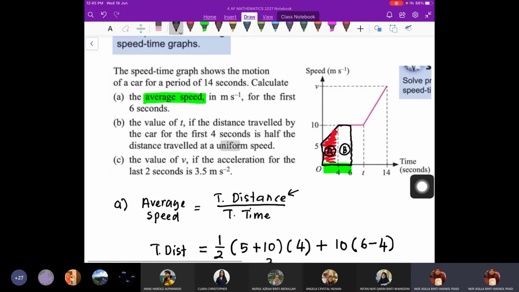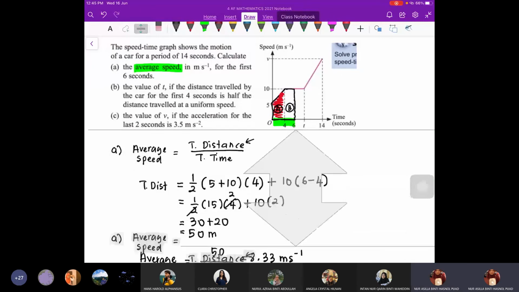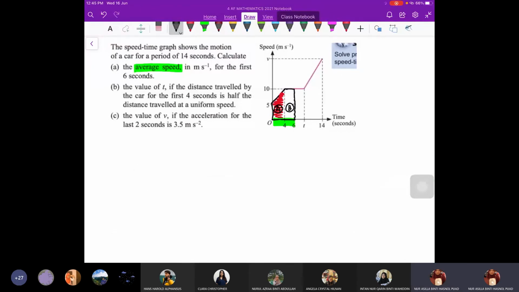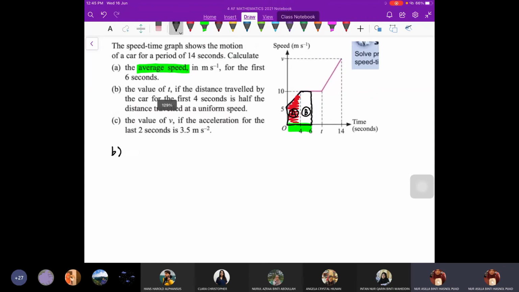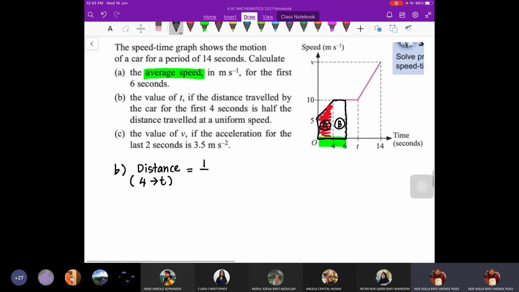So, sekarang kita kena pergi kepada distance. So, dia bermain dengan distance. So, clue dia adalah distance, okay, daripada 4 second kepada T. 4 to T adalah half daripada distance 0 to 4.